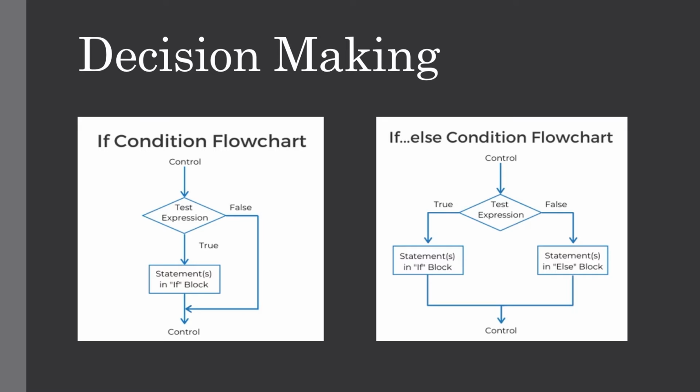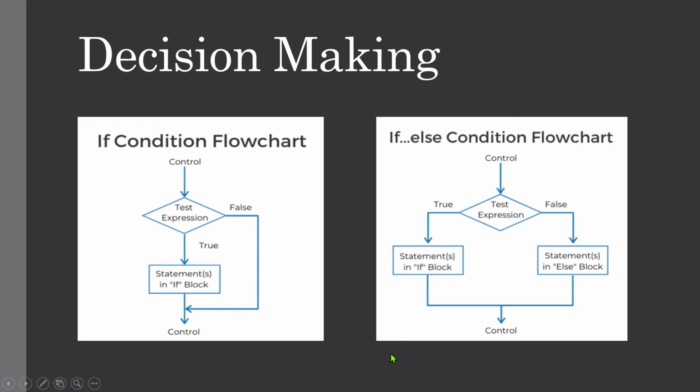Now let us understand about if else statement. If we want to do something else when the condition inside if is false, in such cases we use the if else statement. If the condition holds true, then the program will execute the code under the if statement. And if the condition is false, it will execute the code which is under the else part.